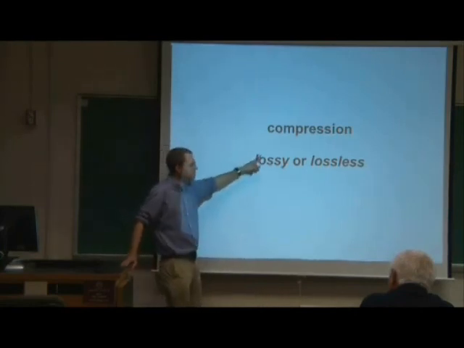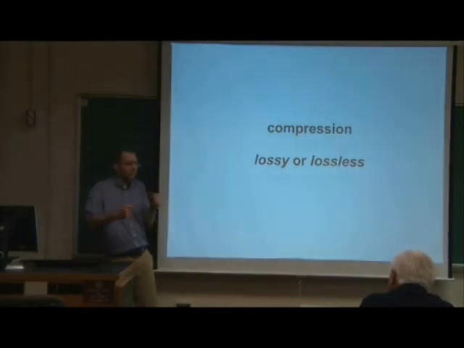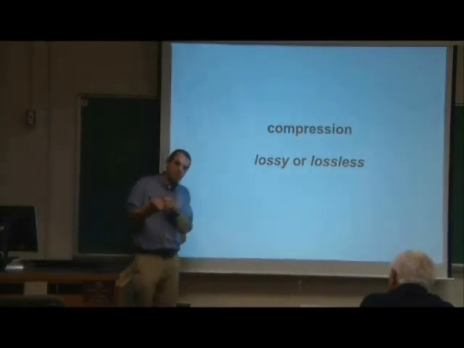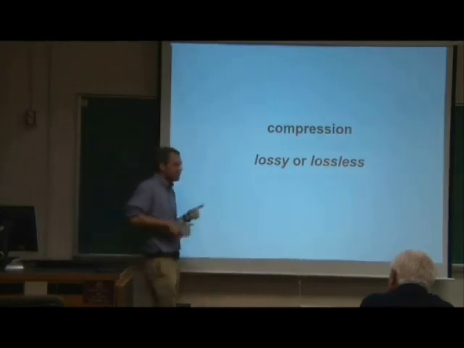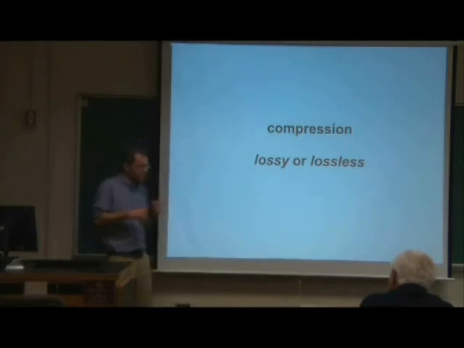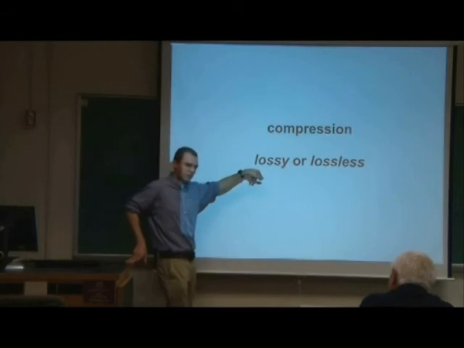What lossy means is that as a part of the process of compression, the compression process is literally throwing information away. And that's important to understand. Meaning that each time you take an image and you save it as a JPEG, it's going to lose more and more of the information in the image.